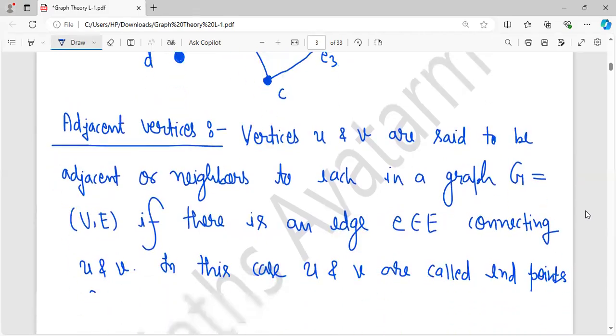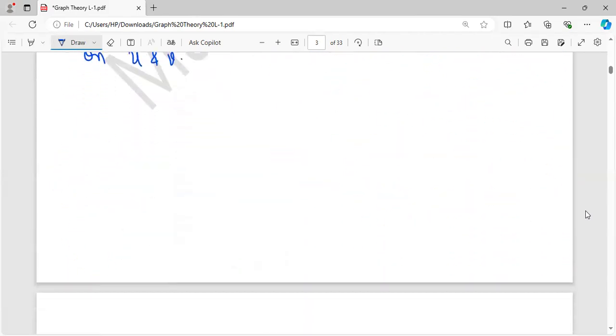So in example first, we have given this. Example first was this one. So 1, 2, 3.